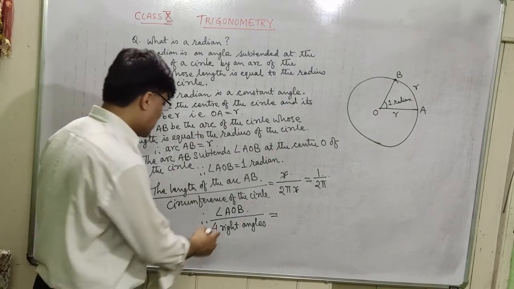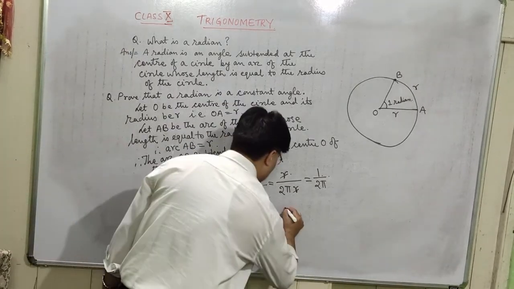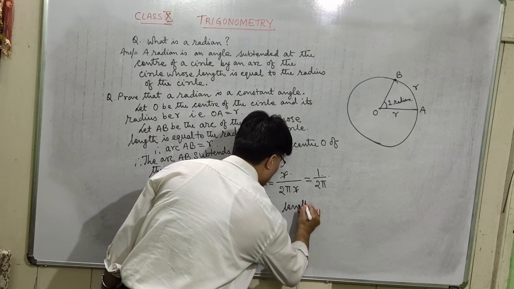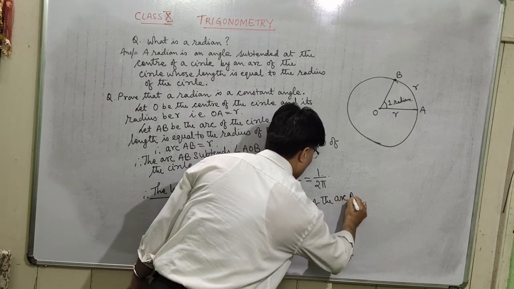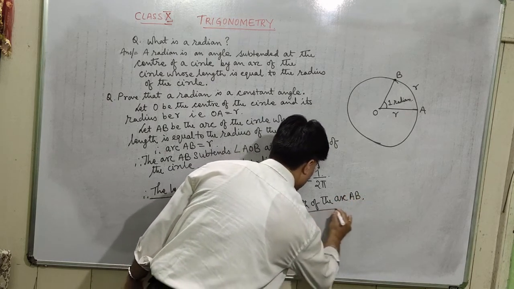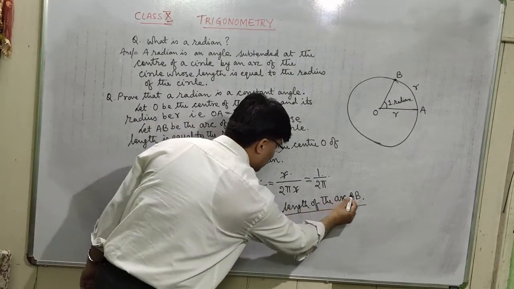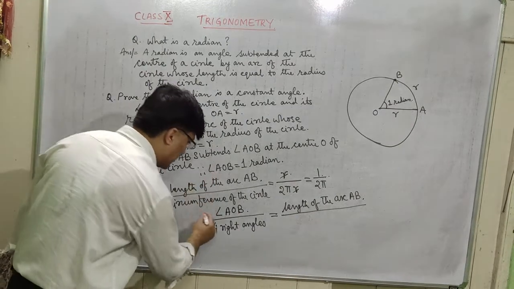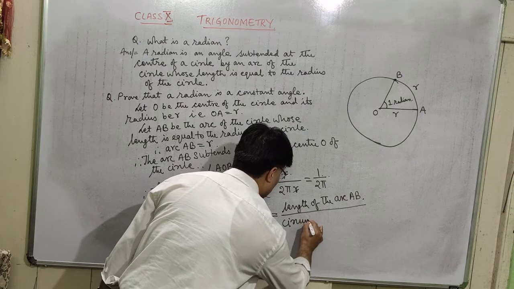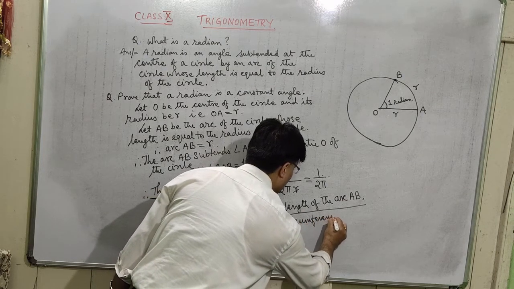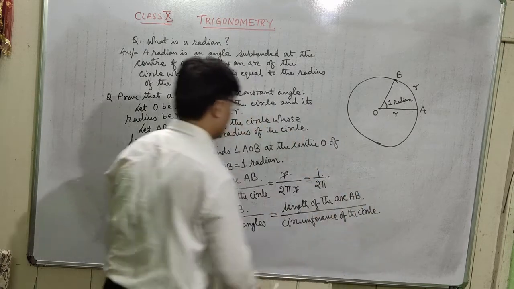Now this angle AOB is subtended by the length of the arc AB, divided by 4 right angles, which is subtended by the circumference of the circle.